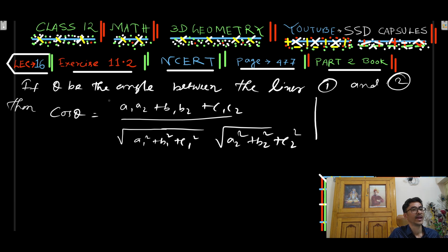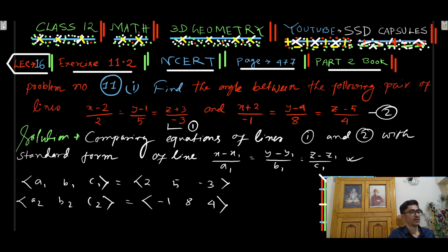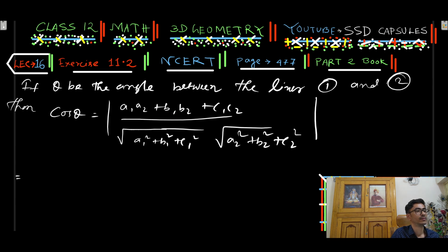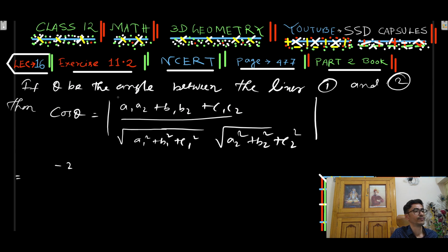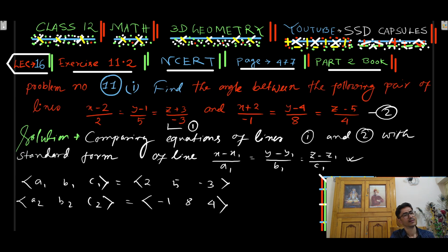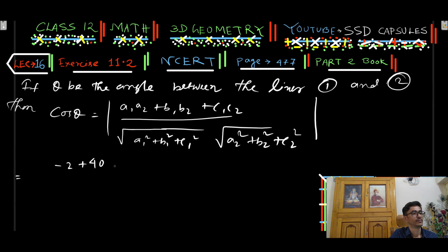Take whole magnitude. So what is A1 A2, B1 B2, C1 C2? See previous page. A1 A2, 2 into minus 1, minus 2, B1 B2, 5 into 8, so 40, C1 C2, minus 3 into 4, so minus 12, magnitude, by root A1 square plus B1 square plus C1 square.